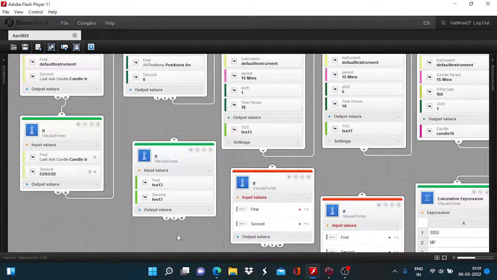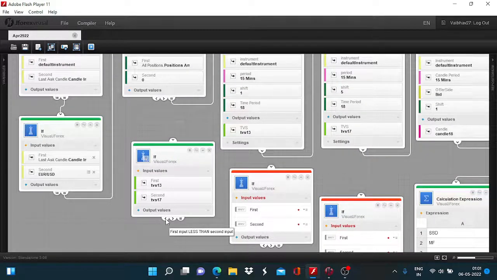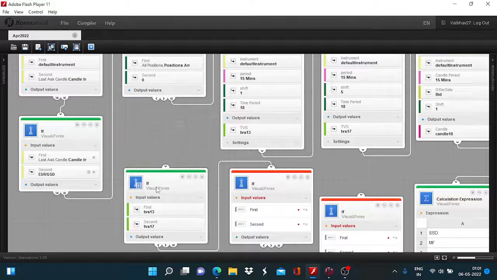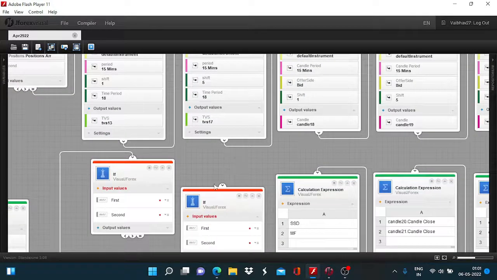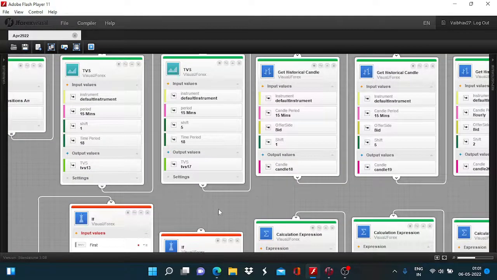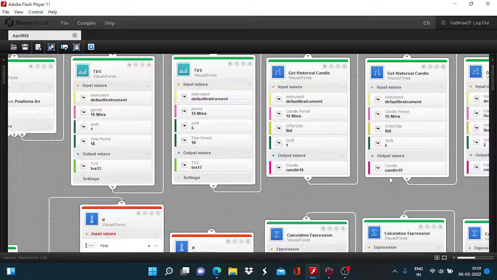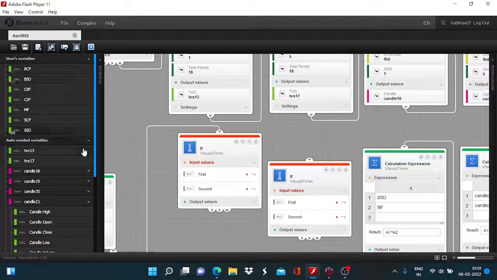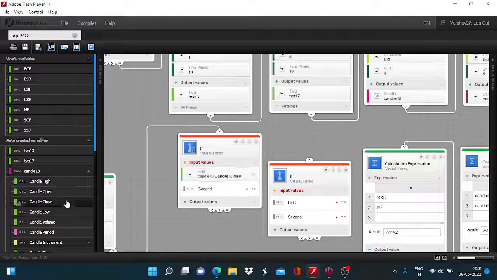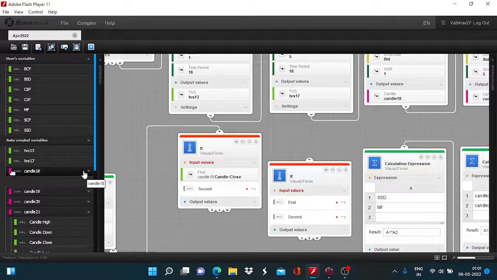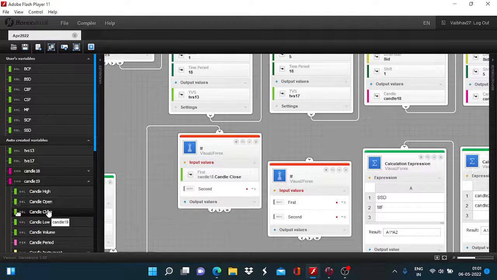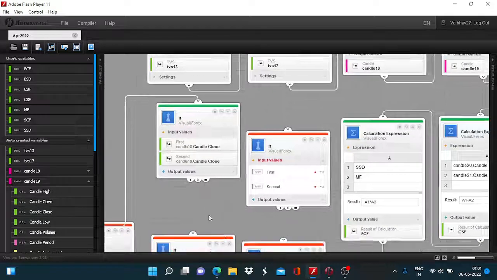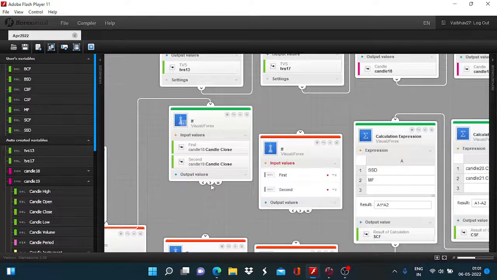So we need the last 15-minute TVS output to be lower. So first input less than second input, whereas the price action was still on the rise. So we need candle 18 candle close to be higher than the candle 19 candle close. Okay, so there is going to be first input greater than second input.